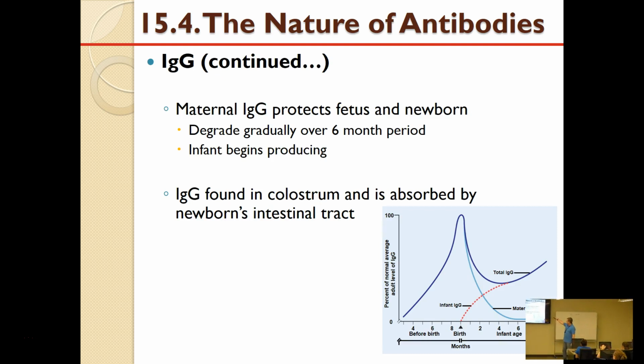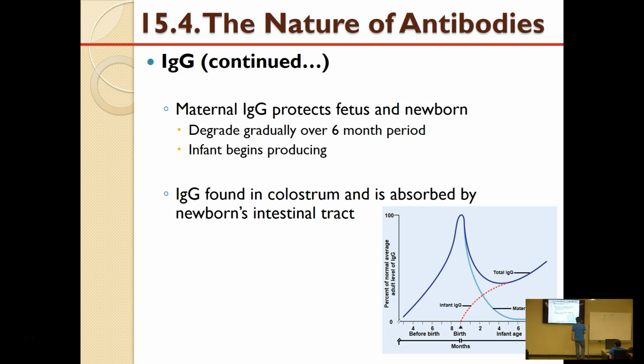So maternal IgG protects fetus and newborn, as I already said, and degrades gradually over a 6-month period as the child begins producing their own. This graph here shows you that happening. So right here is birth, about 9 months. As we move over here, the purple is the total IgG that's found in that child. You can see it ramping up all the way up to birth.